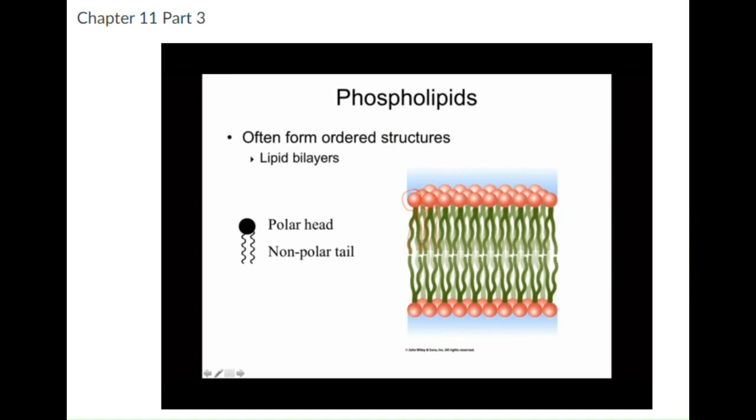And when they do so, the ends of the hydrocarbon tails match up very nicely with another set of ends of hydrocarbon tails, and that's how we end up forming this bilayer. So polar head up here, non-polar tail down here, basically a highly hydrophobic region in here, and a region here that wants to associate with an aqueous environment.